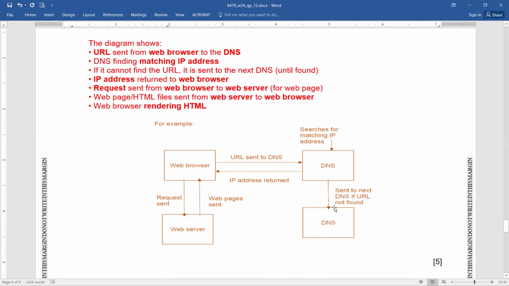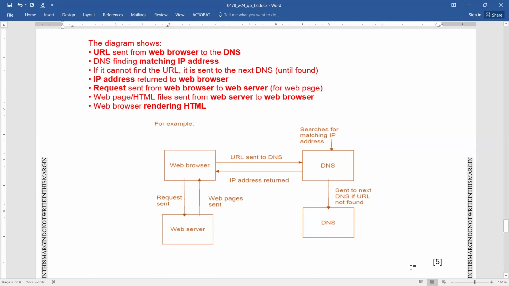Otherwise, it will be sent to the next one. And then once sent to the next DNS, if the URL is not found there either, and then once the DNS is able to find the IP address, it will return the IP address to the web browser. And then the web server will be accessed using the IP address, and a two-way communication will now begin.